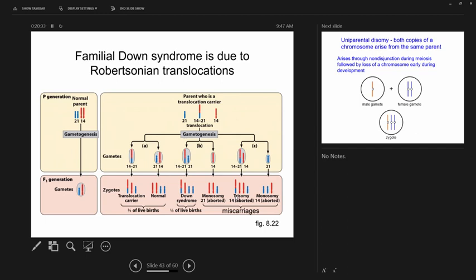In this case, part A, you have what will be phenotypically normal individuals. Because you get one 21 and one 14 here, when this gets fertilized by a normal gamete, either a sperm or an egg, depending on what this is, you'll get another copy of 14 and 21. So this individual will be normal, and that's it.